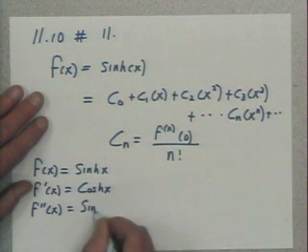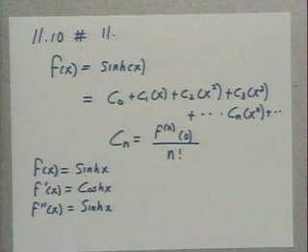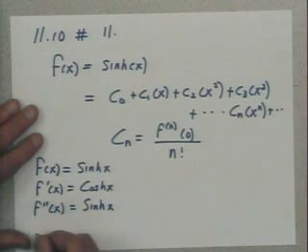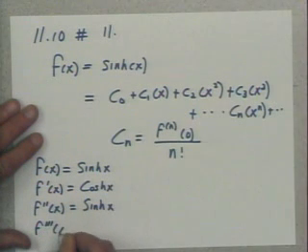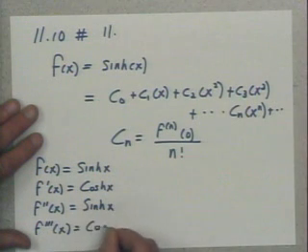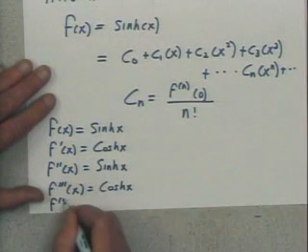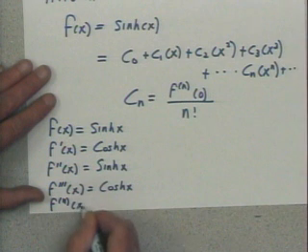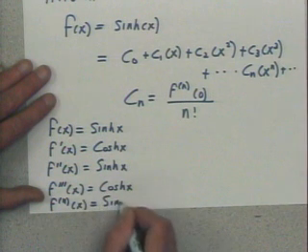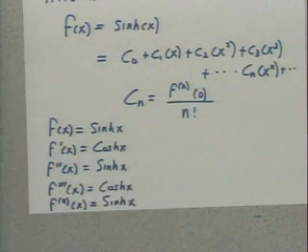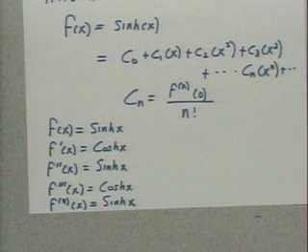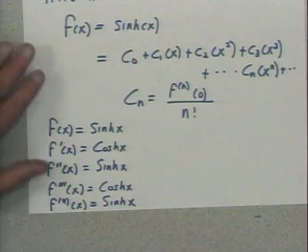It's actually just plain sinh. It was a little different than the sine and cosine. Didn't have to change signs. And f triple prime is back to cosh again. And the fourth derivative back to sinh again. So this problem isn't too bad to do because the derivatives are easy. Just back and forth between sinh and cosh.